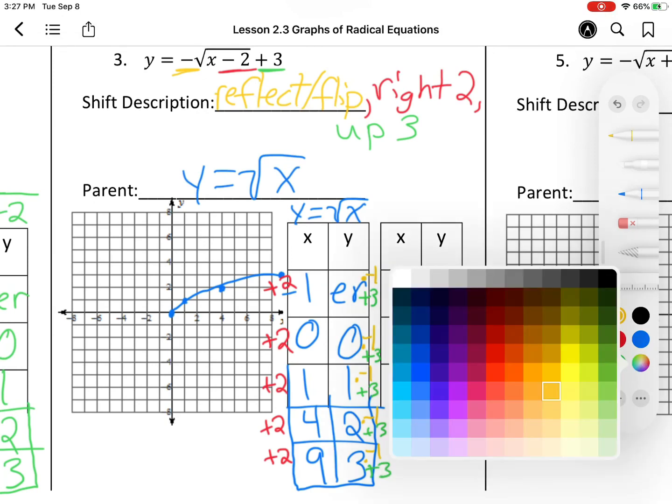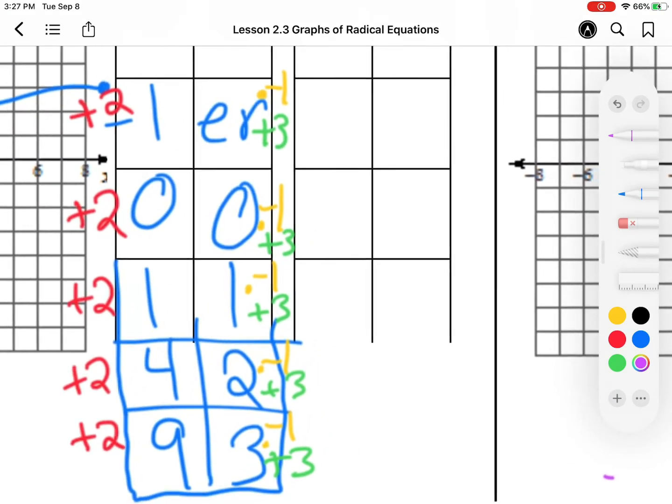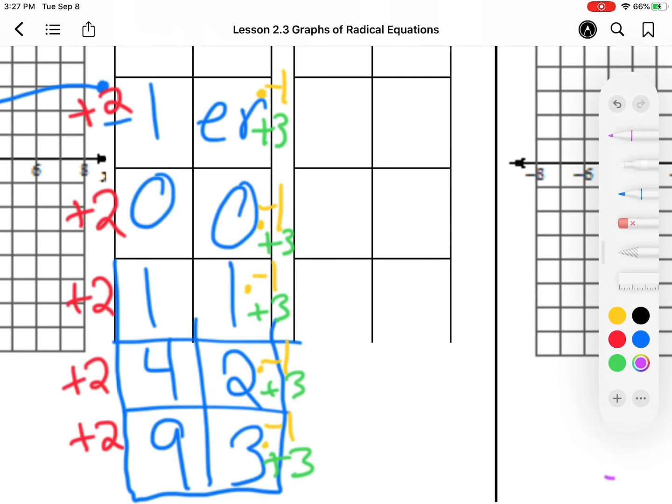So I'm going to write off to the side in purple what I'm doing. I'm going to zoom in a little bit so I can show you. I've got -1 plus 2 to give me 1. I've got 0 plus 2 to give me 2.